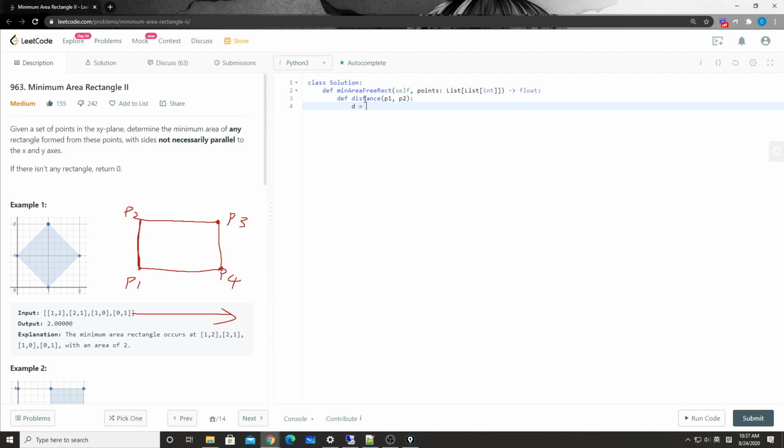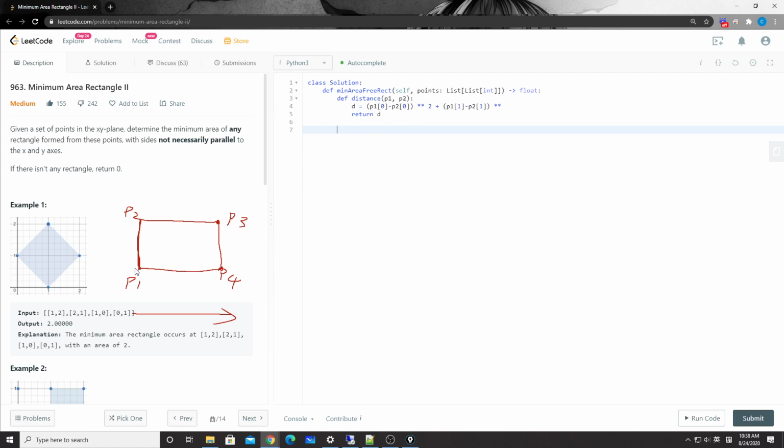Basically the distance I'm calculating here is P1 dot 0 minus P2 0, the difference of x, to the power of 2, plus the same thing, P1 dot 1 minus P2 1, the second element of P2, and then I return D. That's pretty straightforward.